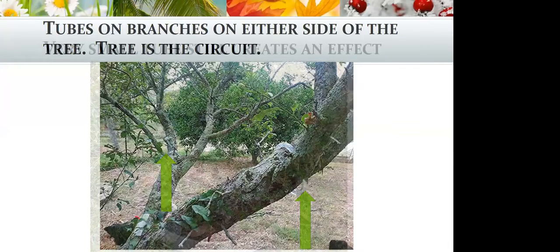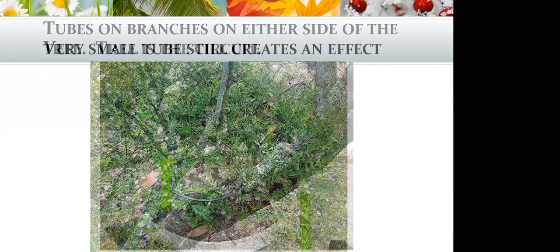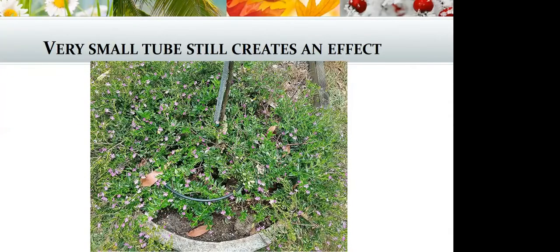We've even tried very tiny, thin little tubes. I don't know if you can see the little black tube there. And this is in a pot, and it's around a little lemon tree, a mini lemon tree that's still trying to grow. So I thought, well, let me just put it on and see. And I can tell a difference. The lemon tree is getting stronger.